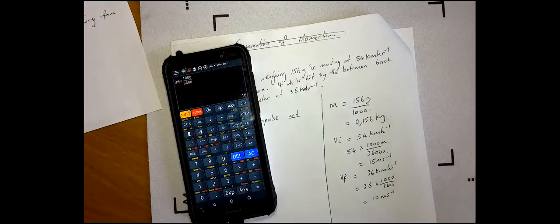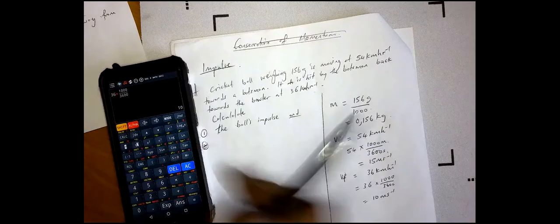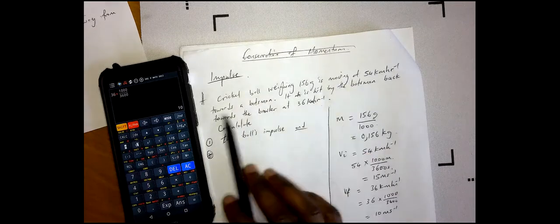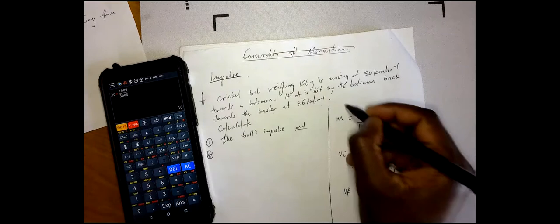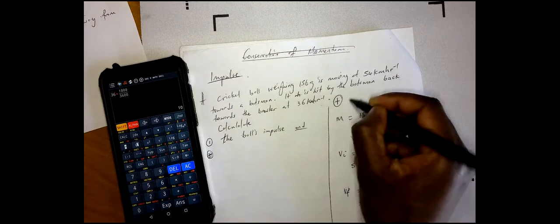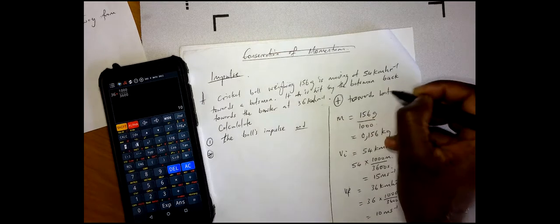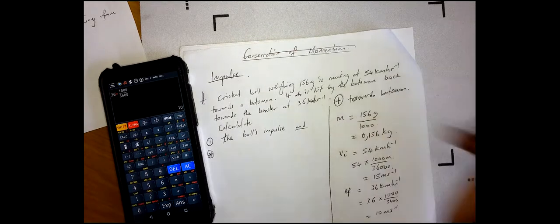Now let's see what we have there. We are told that the initial motion is toward the batsman. So let's choose positive as towards the batsman.